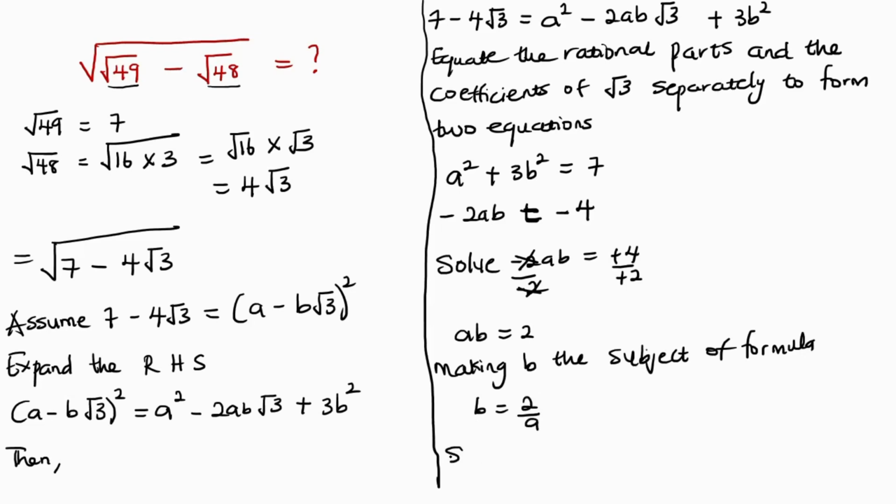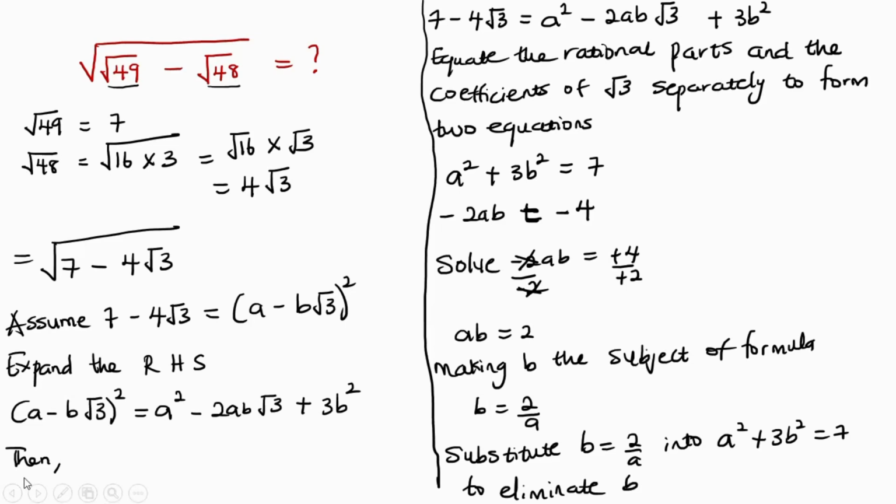So once we have this right here, we want to simply substitute b equals 2 over a into a squared plus 3b squared equals 7 to eliminate b. So if we do that right here, we have a squared plus 3b squared is equal to 7, and we want to simply substitute b equals 2 over a.